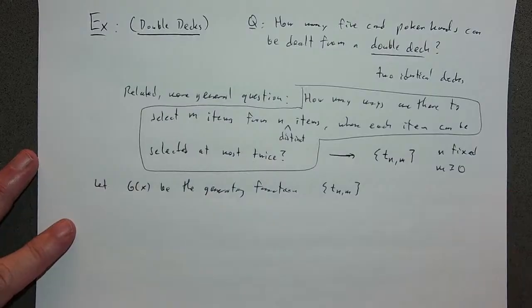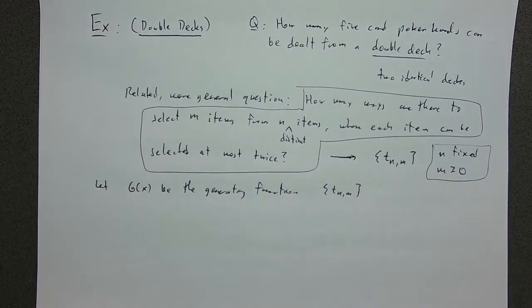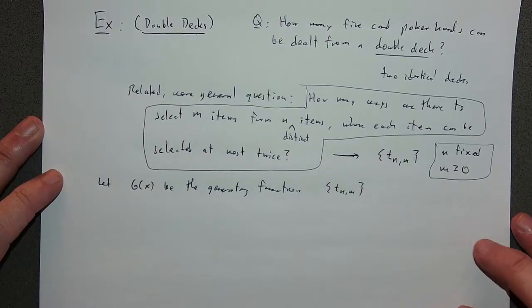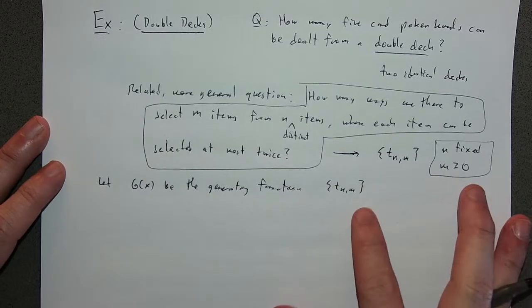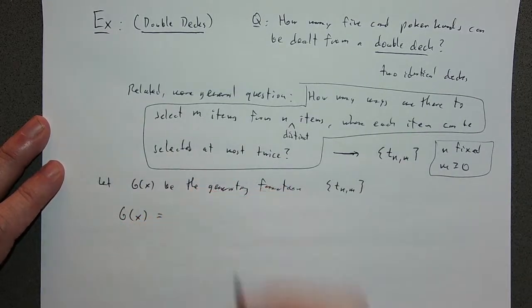Again, this is why it's important. n is fixed here, so these are indexed by m, if you like. So that you don't have to struggle too much with this double indexing because the n is fixed. So, what is g of x? Maybe g of x isn't as complicated as you think.